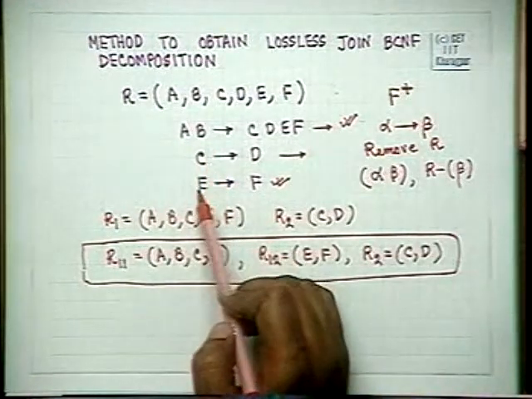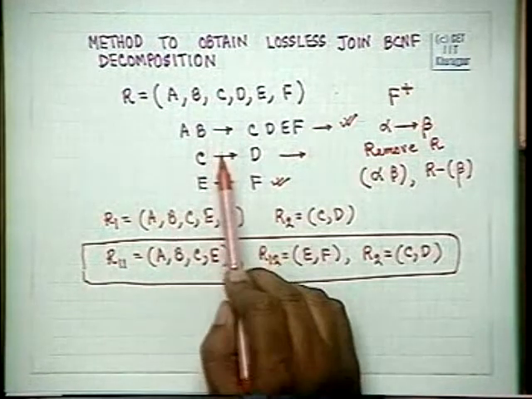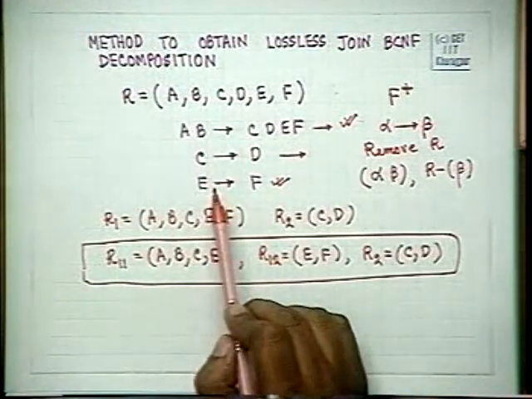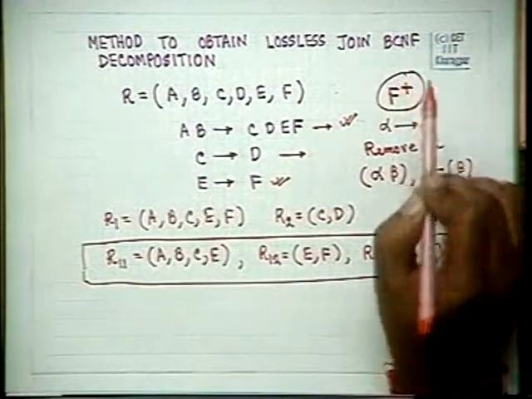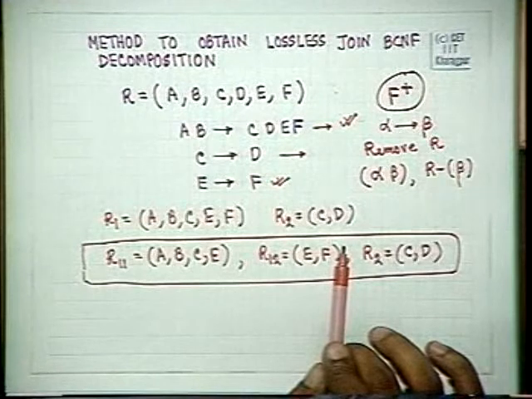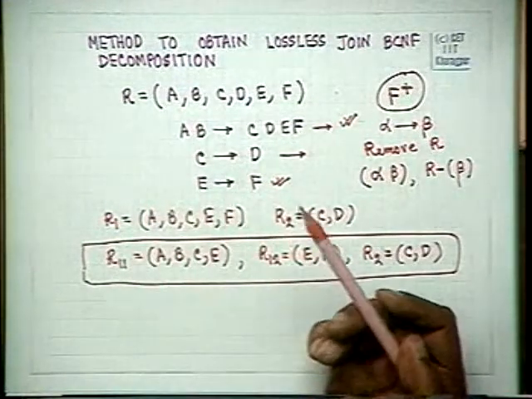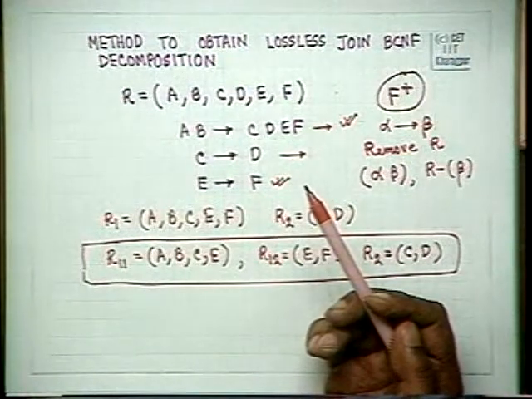So in one cycle, I check each one of the functional dependencies, all of them in F plus. I need to consider only the non-trivial dependencies in F plus. I need not consider each and every one like A to A, because by default it satisfies BCNF.